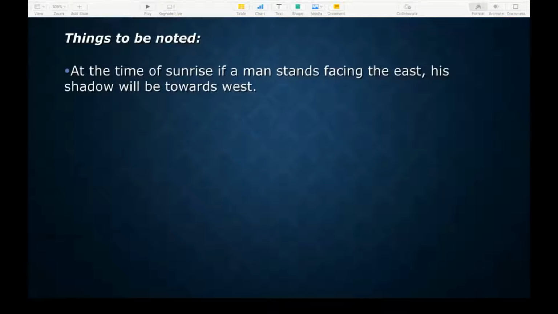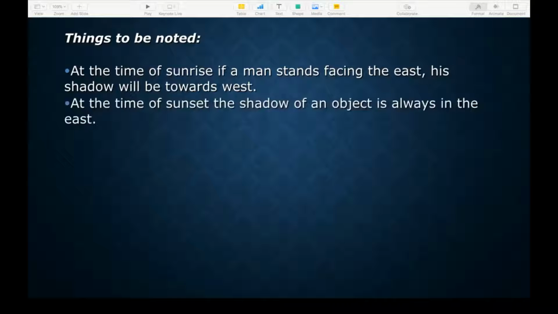Things to be noted in this topic: at the time of sunrise, if a man is standing facing the east, then his shadow will be towards the west. At sunrise, all the shadows will be towards the west. So if the man is facing east, his shadow will be in the west direction.